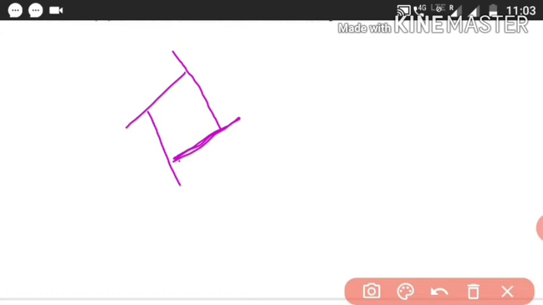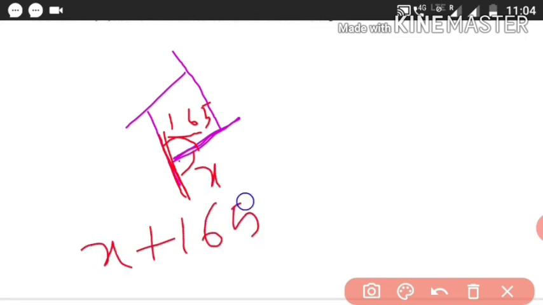Now the interior angle is given, 165, and the exterior angle is not given, and we have to find how many sides there are for this type of polygon. The interior angle is 165 and this is a linear pair, isn't it? Suppose this angle is x, then x plus 165 will be equal to 180 degrees, because it is a linear pair.